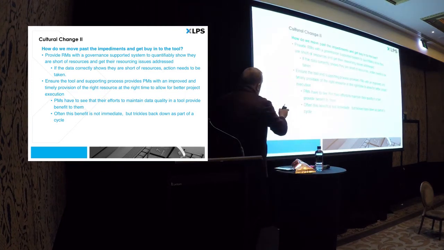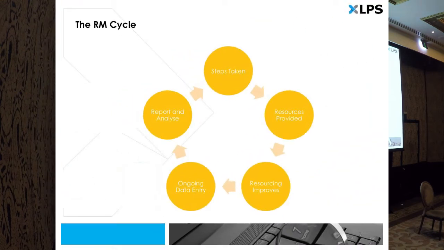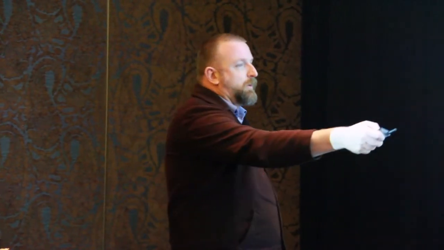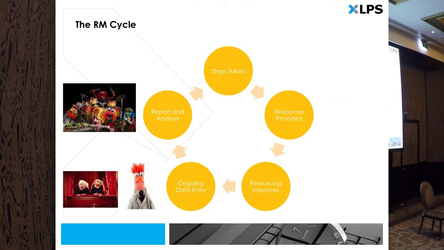And it comes down to the cycle. Now this is really common sense. I think there's nothing rocket sciencey about this. Effectively, if we start in the bottom left-hand corner, our project managers and our resource managers do our ongoing data entry. That often will then come to the PMO for reporting and analysis to aggregate the data and provide it to the right level of the governance layer.